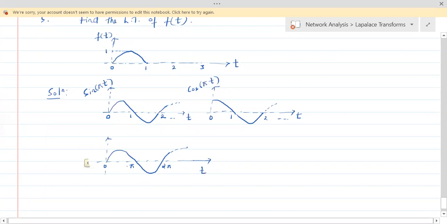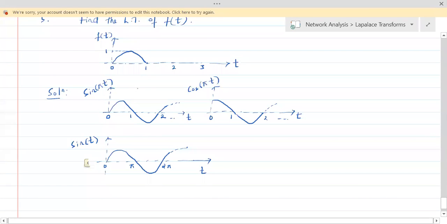In the time axis, if it is pi, 2 pi, then the signal is sine t. If it is 1, 2, 3 in the time axis, then it is sine pi t. If pi, 2 pi are there in the time axis, it is just sine t. If it is 1, 2, 3, it is sine pi t. So this you just remember.